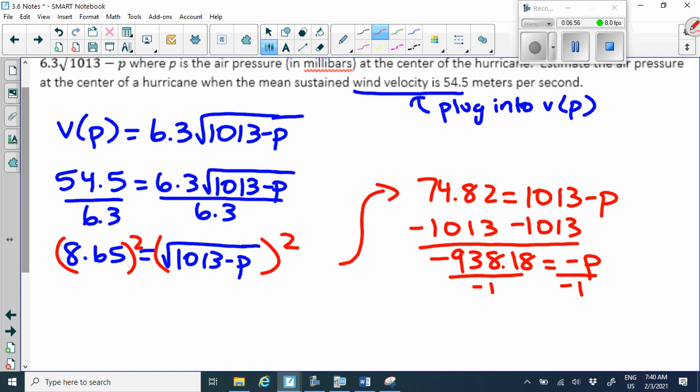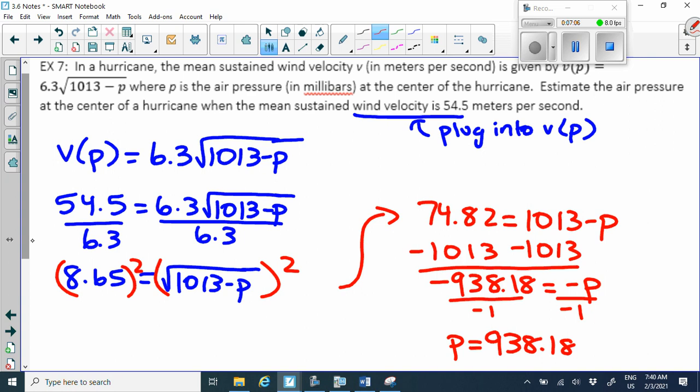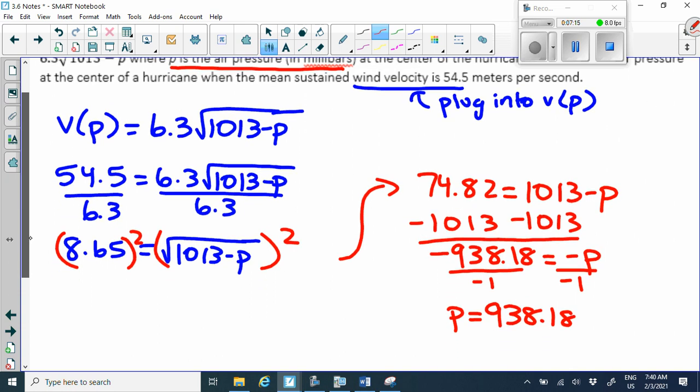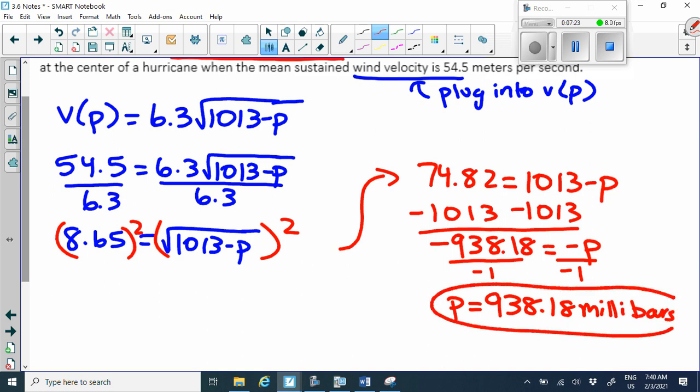So that means our p is going to be equal to 9,938.18. Now, because this is a real-world problem, we do need to make sure we use our units, okay? Notice they say that the air pressure, which is P, is in millibars. That is our units. So we have 938.18 millibars. And that'll be our final answer there.